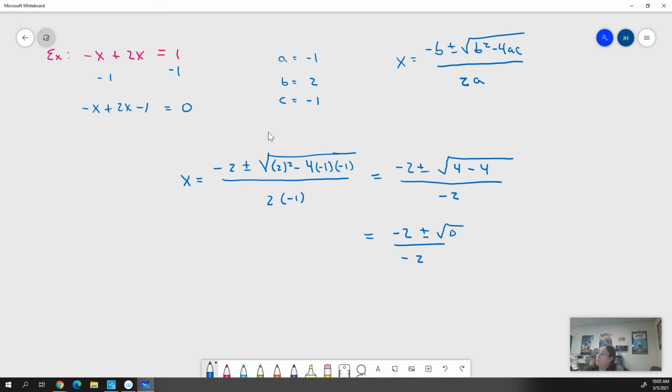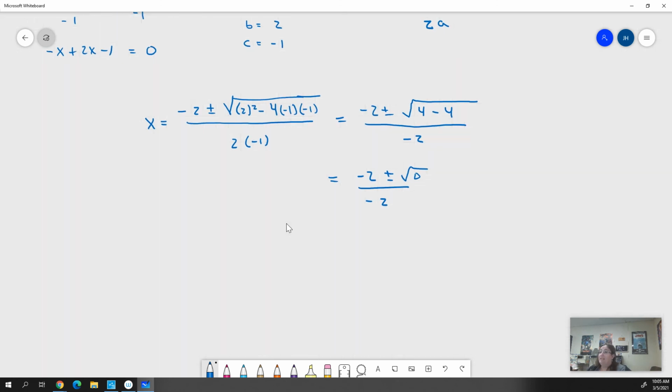Does anyone know what the square root of 0 is? Can either of you tell me what the square root of 0 is? Yeah, pretty easy, right? This is the one circumstance that you'll come across where you have a one answer solution, because this just becomes plus or minus 0, so it stays negative 2 over negative 2, which is just 1. So in this circumstance, x equals 1.